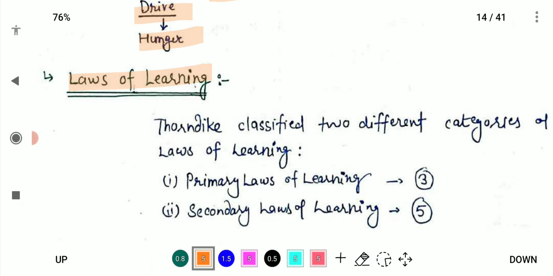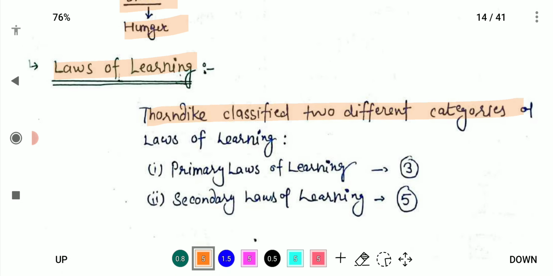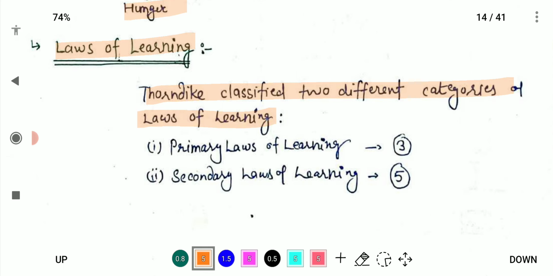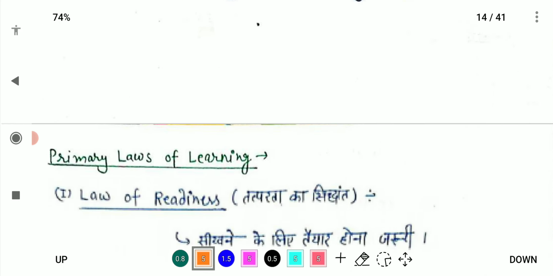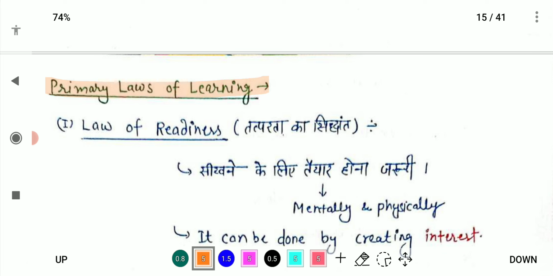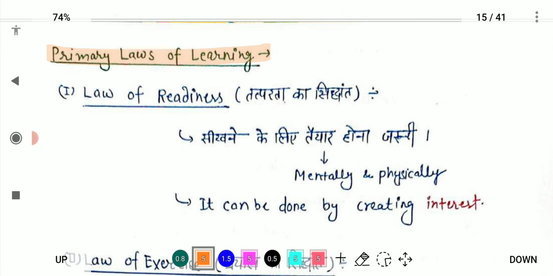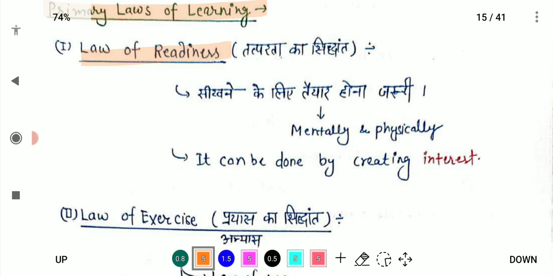Laws of learning. Thorndike classified two categories of laws of learning: primary laws and secondary laws. Primary laws of learning: law of readiness, mentally and physically. It can be done by creating interest. When you are interested in something new, you'll be ready for it anytime.